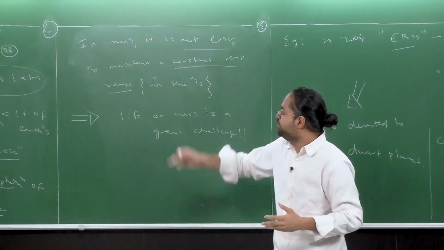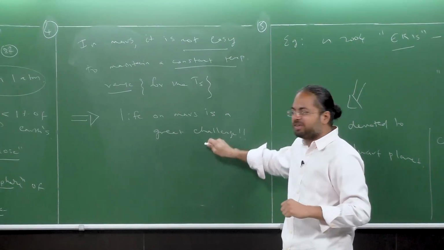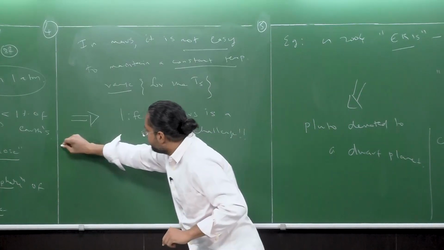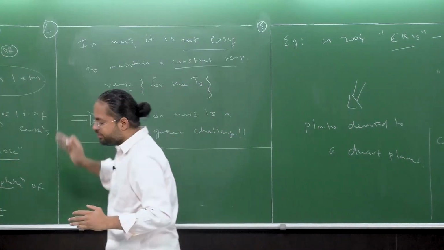So some exciting possibilities are there, but scientifically, it's a huge challenge to overcome. Please note this point. So this was the topic on the comparison between Earth and Mars's atmosphere.